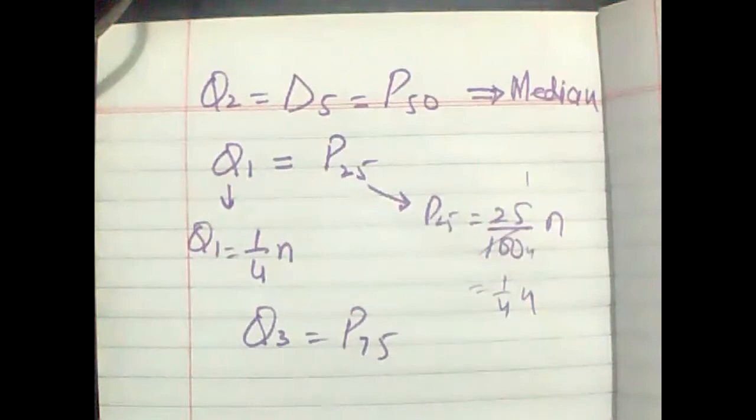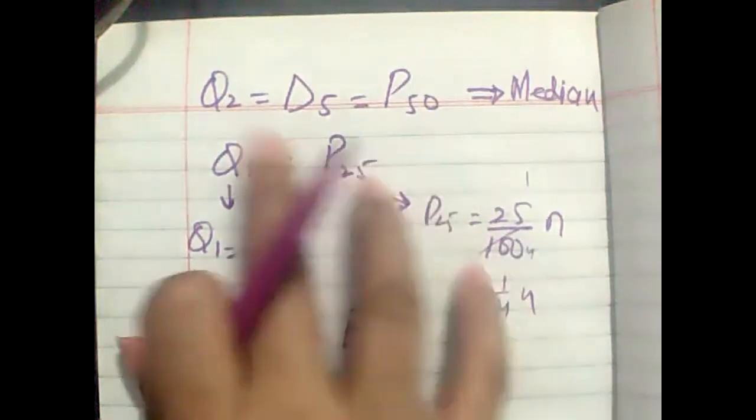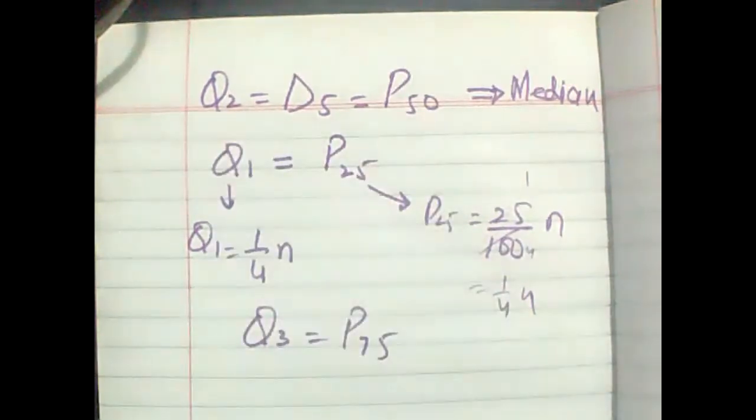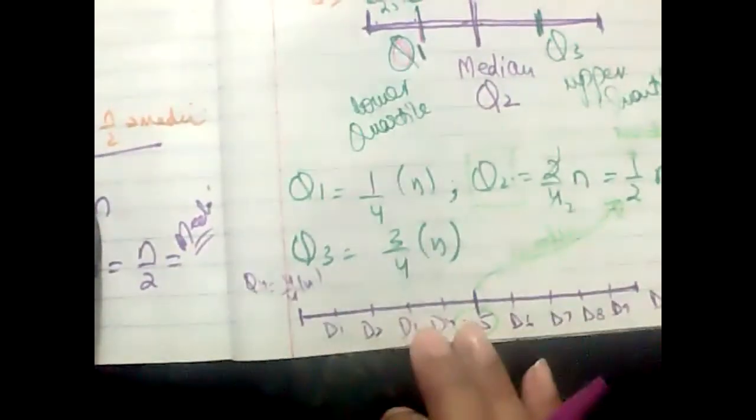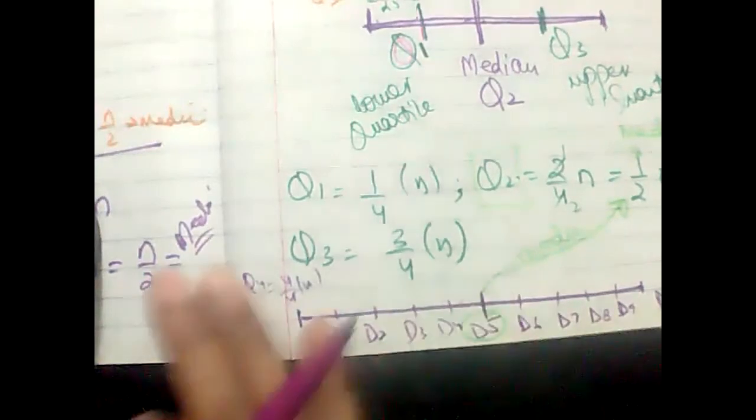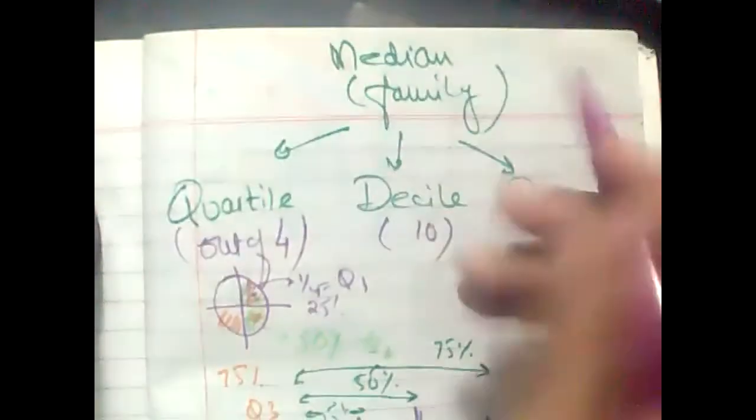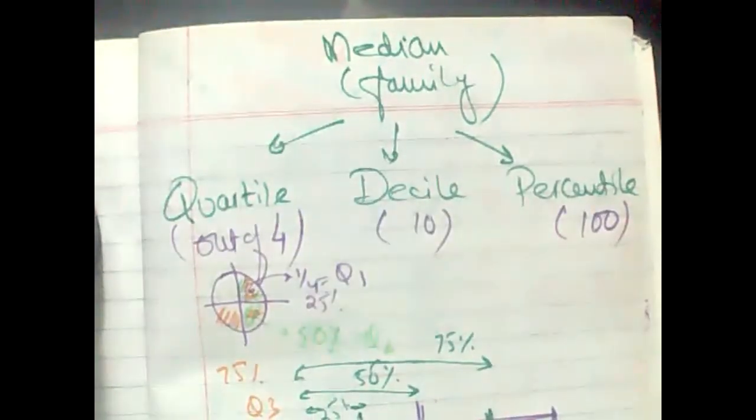Okay, so now something is a little bit clear. What do Q's, D's, and P's actually mean? They are something out of 4, out of 10, out of 100. So that is the same as dividing the whole data into 4 parts, dividing the whole data into 10 parts, and percentiles means dividing the whole data into 100 parts. For the median, do you remember in which column we always check the value?